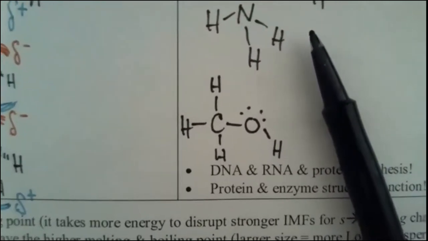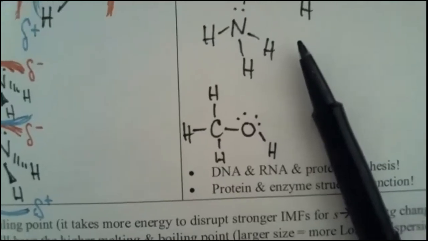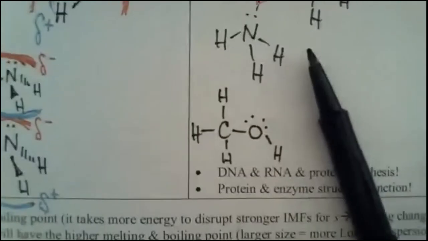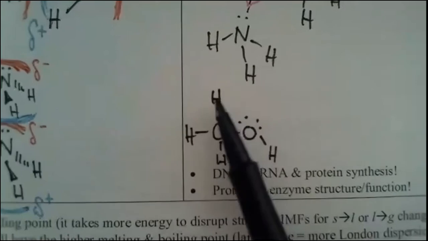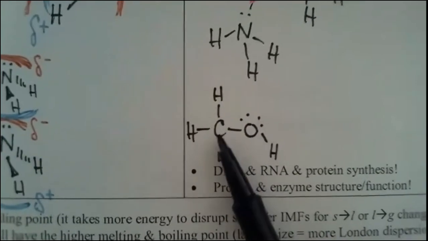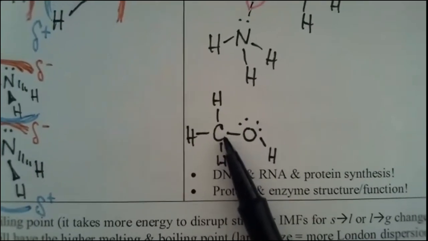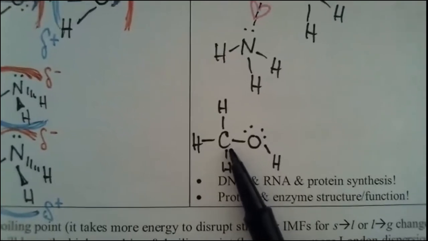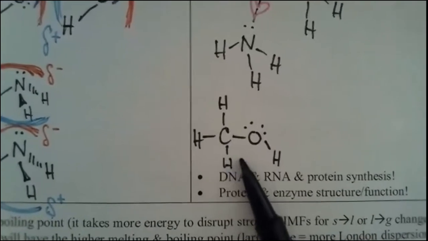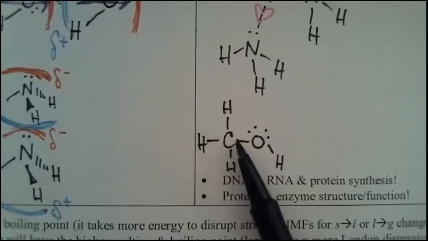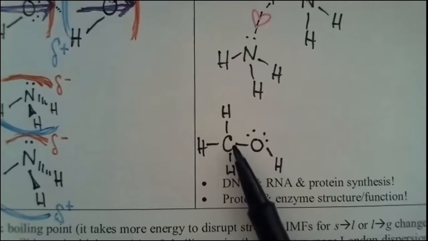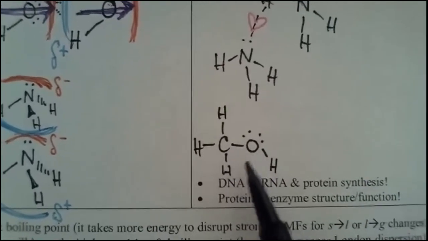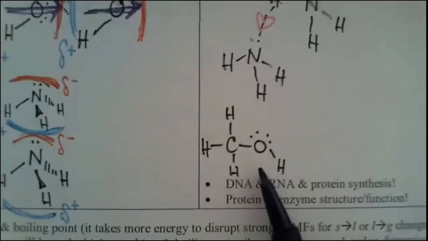They all said 1, right? Most other people are saying 4. So what did we say though? Is this hydrogen covalently bonded to a nitrogen, oxygen, or fluorine? Are these hydrogens here bonded to N, O, or F? No, they're not. So how many hydrogens can hydrogen bond in this molecule?